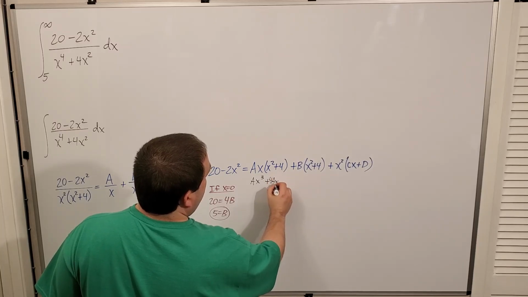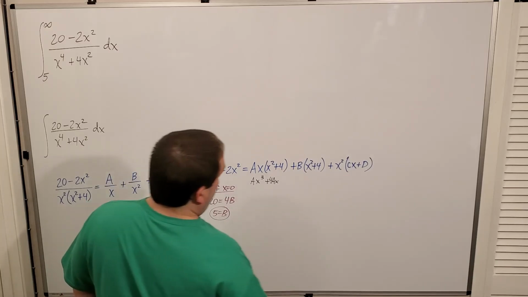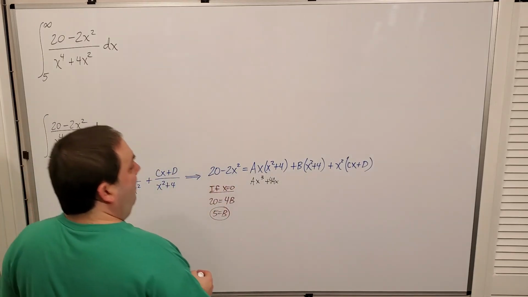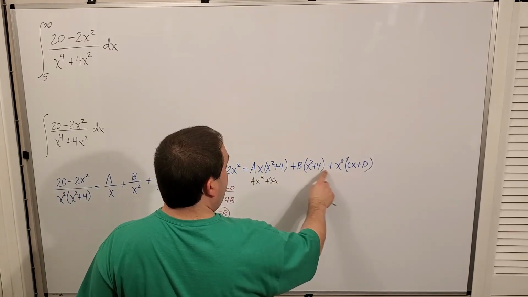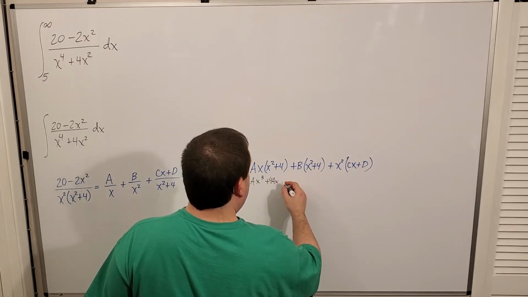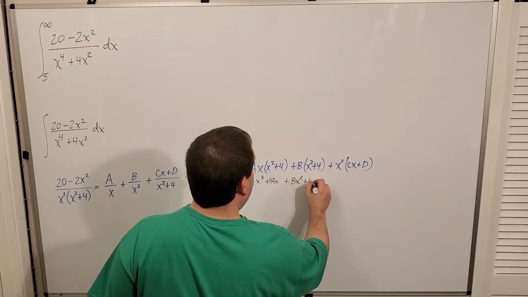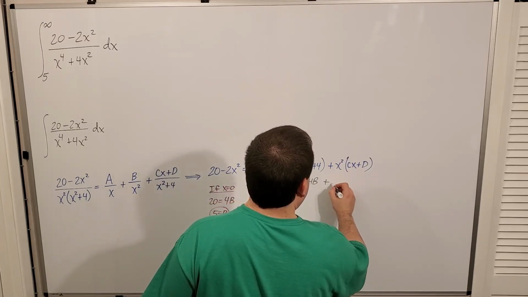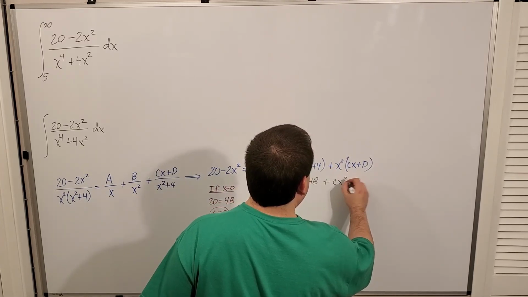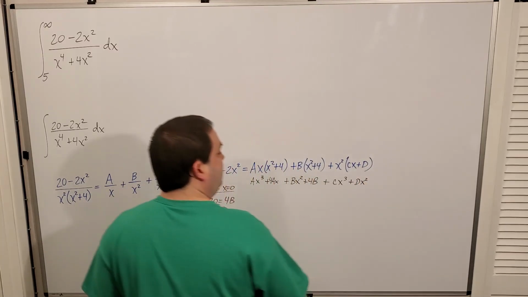Let's just do 4Ax. Okay? So why is that important? Well, there's only one other thing that can come up with x cubed here. Let's continue distributing. I'll have Bx squared plus 4B, and then I'll have Cx cubed plus Dx squared.